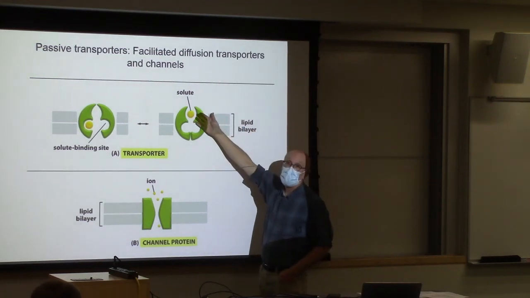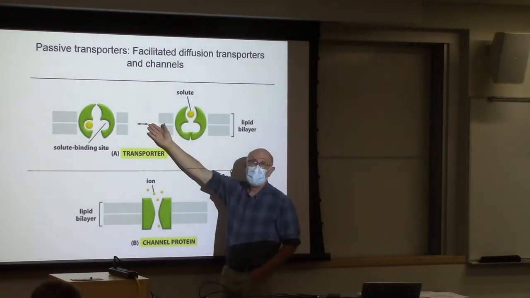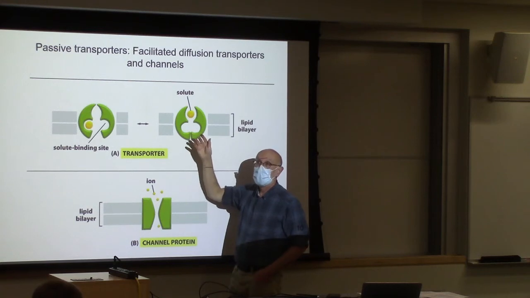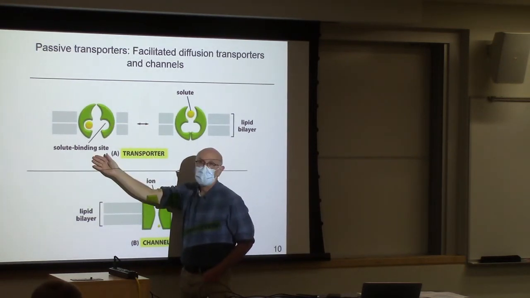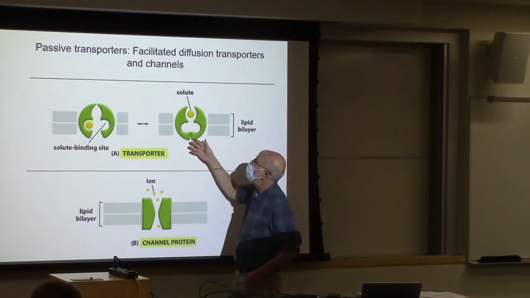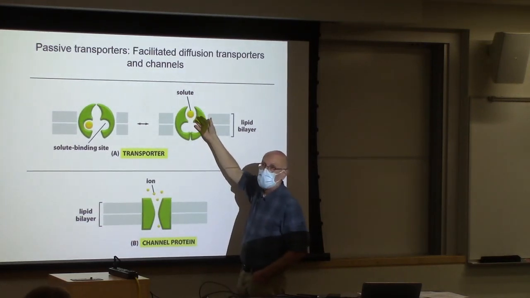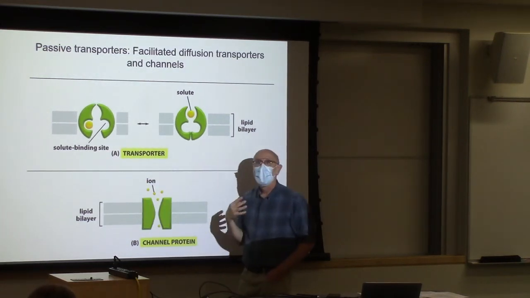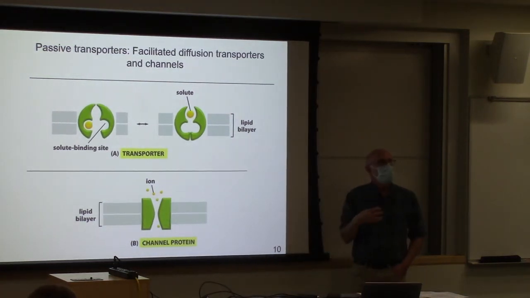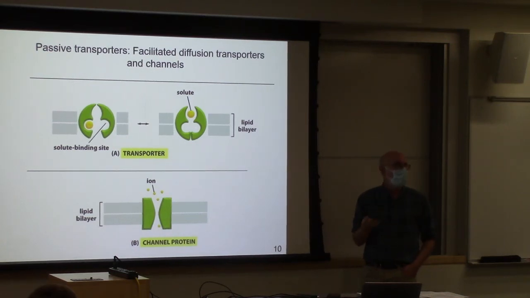One solute, one conformational change. It's one at a time. Solute binds, conformational change, movement, unbinding. Conformational change, back to the original conformation, binding, conformational change, unbinding. One movement of the solute per conformational change.